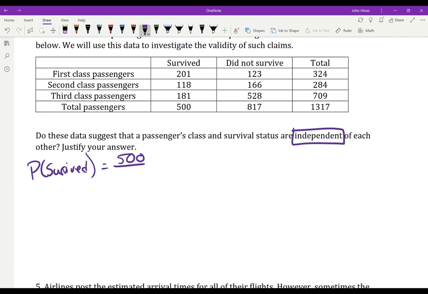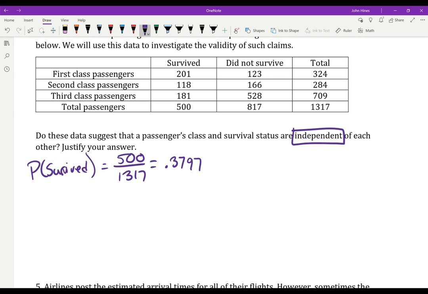Of the passengers, 500 out of the 1317 passengers survived. And yes, guys, this is real data. I wouldn't lie to you with fake data here. So I got 0.3797. So about 38% of the passengers survived. Overall, on the boat, 38% of the passengers survived.